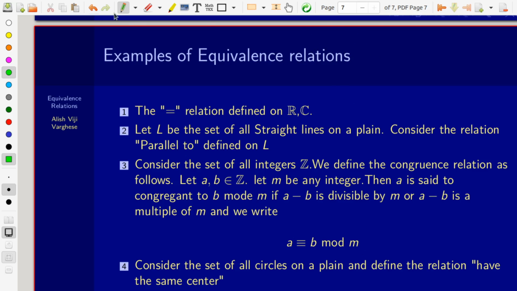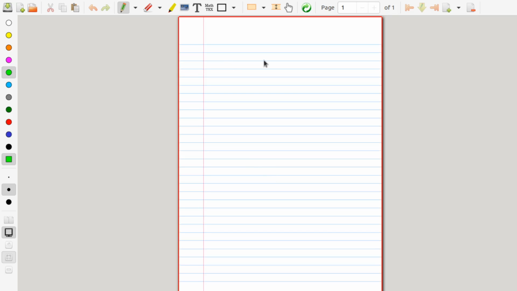Let us consider a particular case: A is congruent to B mod 3.